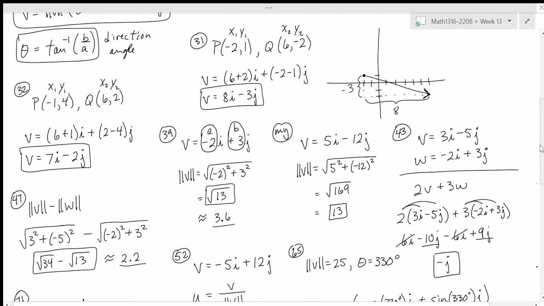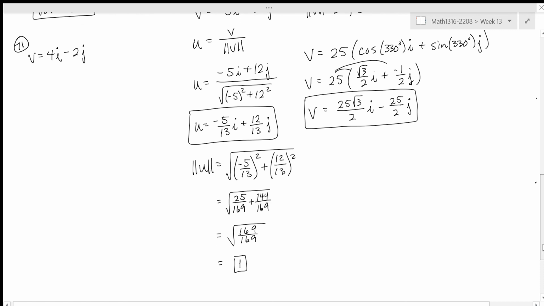Really? Oh, there it is. Bam. Direction angle. All right, so let's see here. That's going to be the inverse tangent of b over a. And that reduces to negative 1/2.